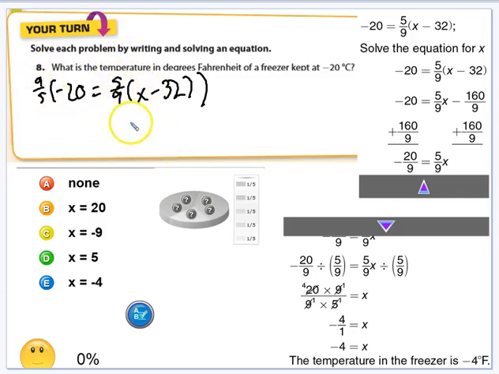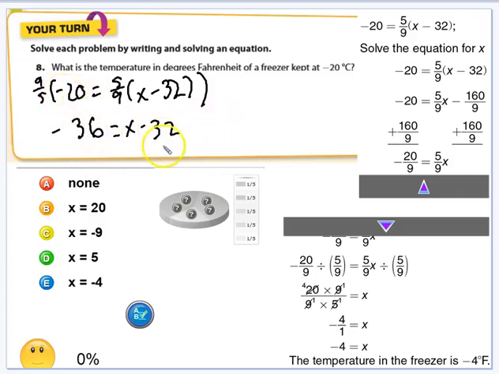out. So I'm just going to have x minus 32 on this side equals 9 times 20. 9 times 20 is 180 divided by 5 is 36. It is a negative 36 because of the negative 20.